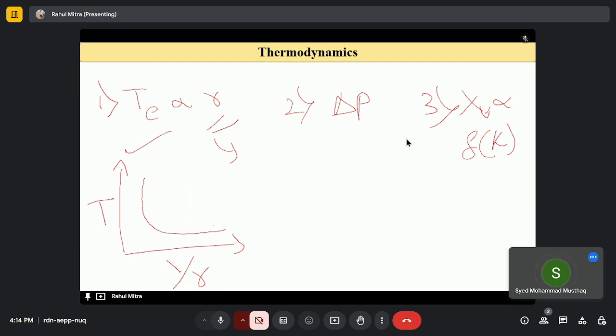Or a hyperbola type function, where the equilibrium temperature got reduced. The second relation we got is the excess pressure, from which we have arrived at 2 gamma by R, where gamma is the surface energy, right? Gamma is the surface energy.